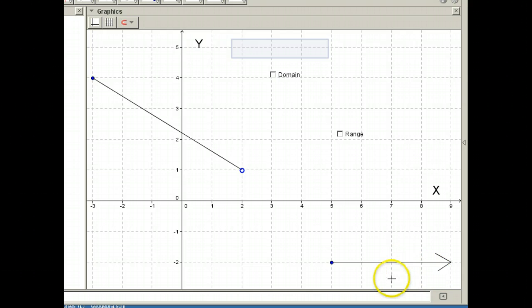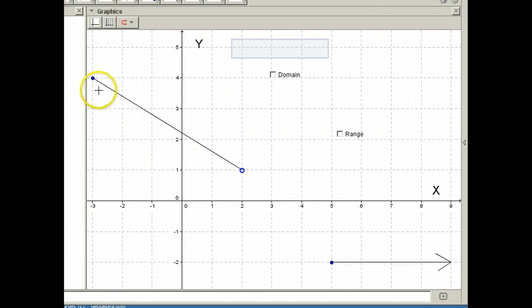We would first like to identify what the domain of the function is. The domain is everything that x is allowed to be. So we see here that we have x values that are used between -3 and +2.